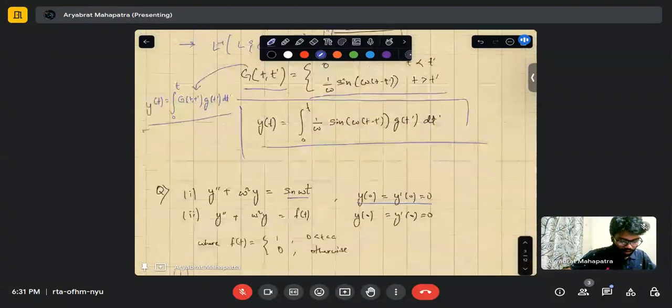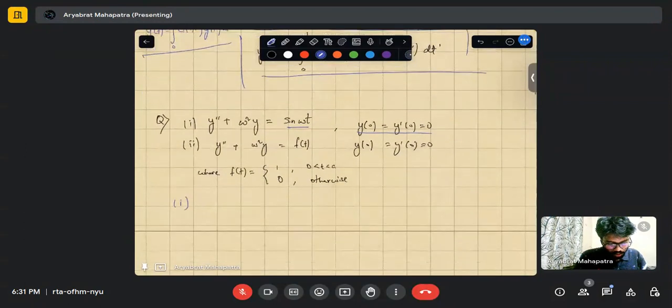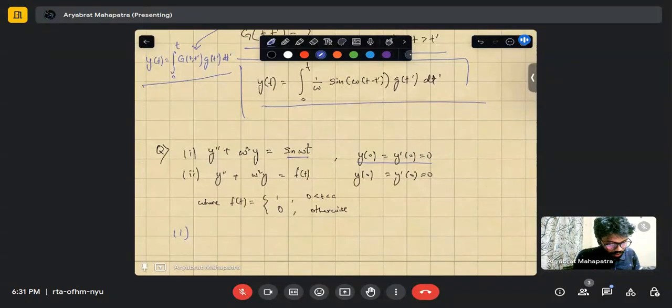So we can see one of these questions right here. Here also, as I was telling you, everything remains the same, but I have picked a very specific type of function, that is sine omega t.